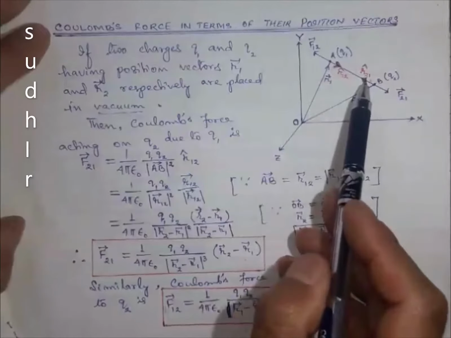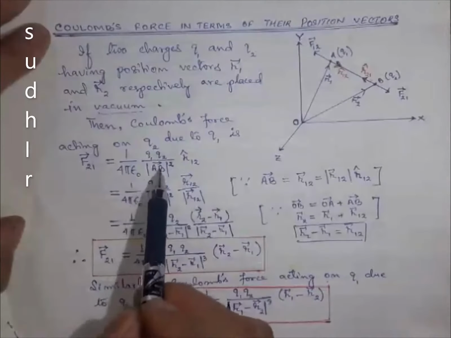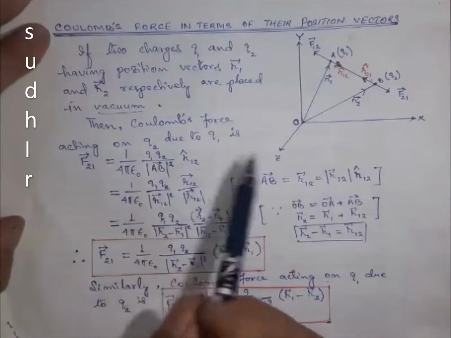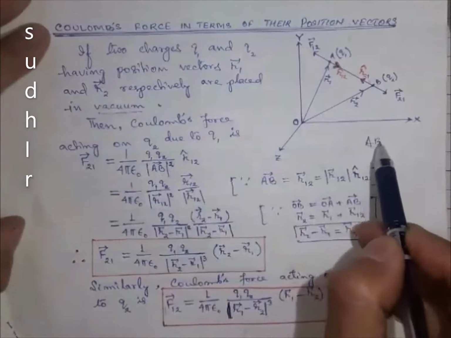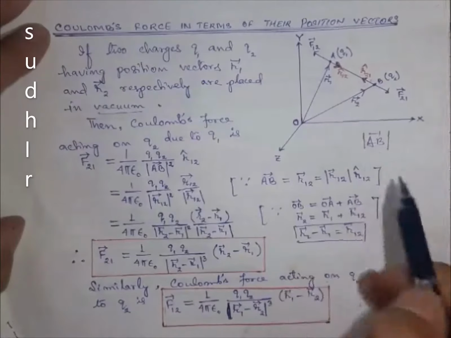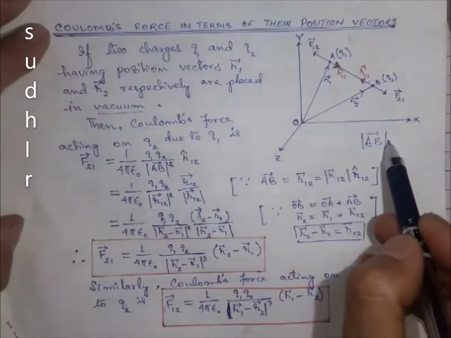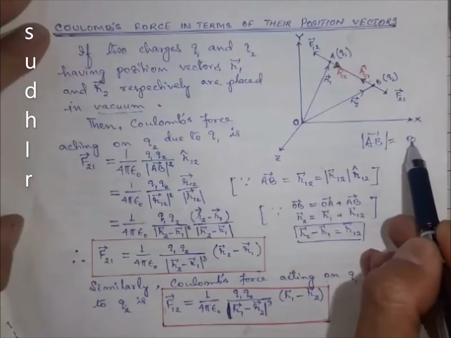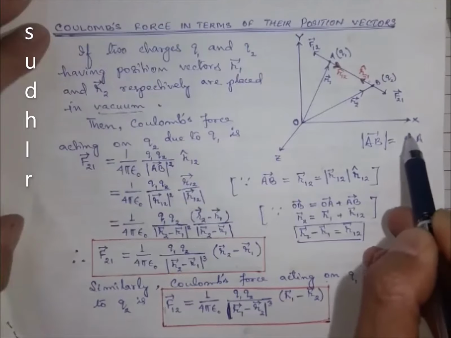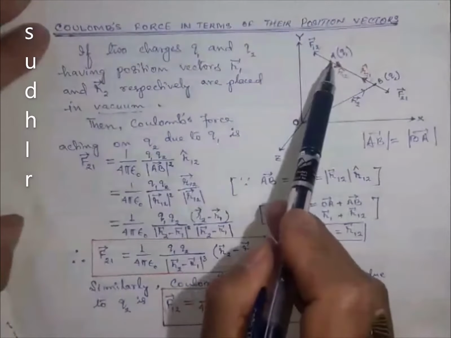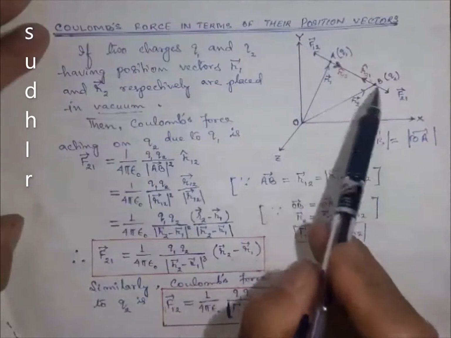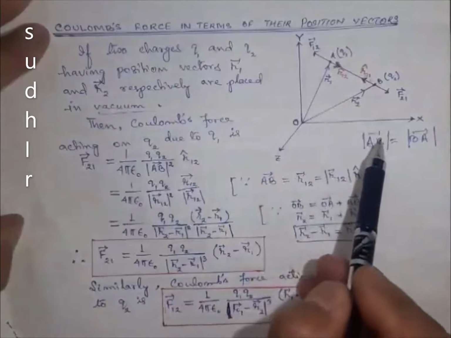Here I am writing the magnitude of AB vector, represented by the modulus like this, and this will also be equal to the magnitude of the vector BA. When the vector is pointing from A to B, we call it AB vector.